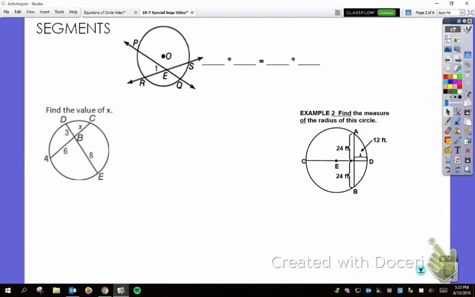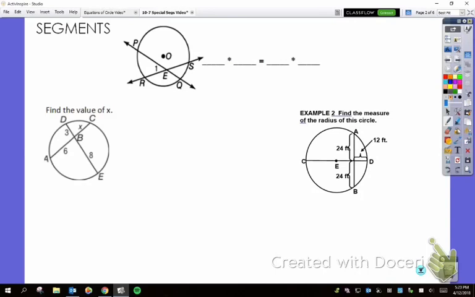So this first one, again, we're talking about segments. We're looking at length. This first one we have line PQ and line RS. You can see that the intersection of these lines is on the inside of our circle. When our lines go through a circle and intersect the circle at 2 points, remember we call that a secant line.